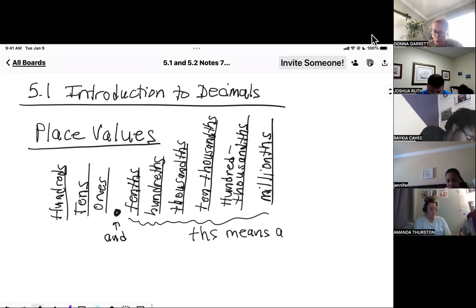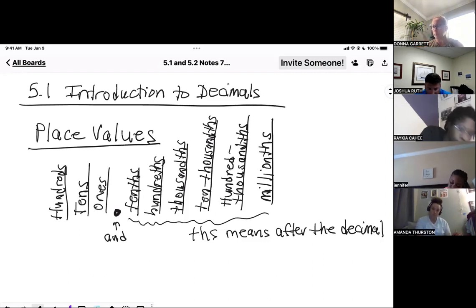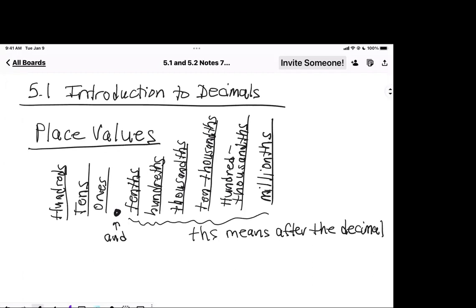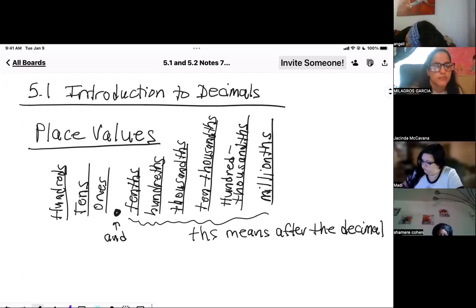It means after the decimal. They mirror the other side, except for the ones. So like tens and tenths. Tens doesn't have the TH, so that's on the left side of the decimal place. And then tenths has a THS, that means it's on the right side of the decimal place, etc.